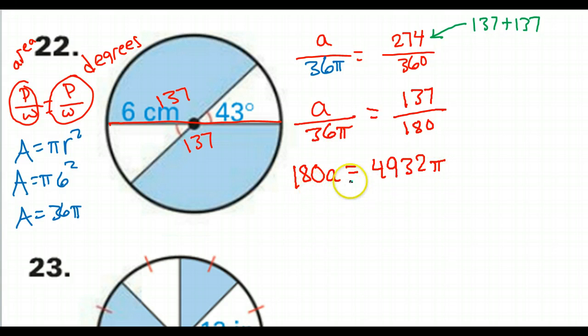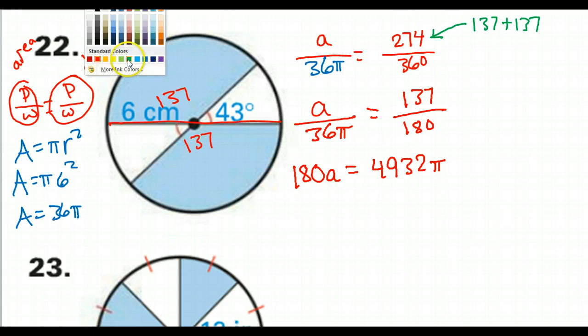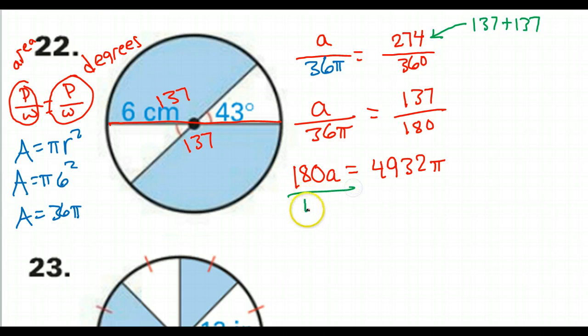So now I need to divide both sides by 180. So divide by 180, divide by 180. Okay, so this is going to give me my answer. Let's see if I can do an exact answer and a decimal answer.